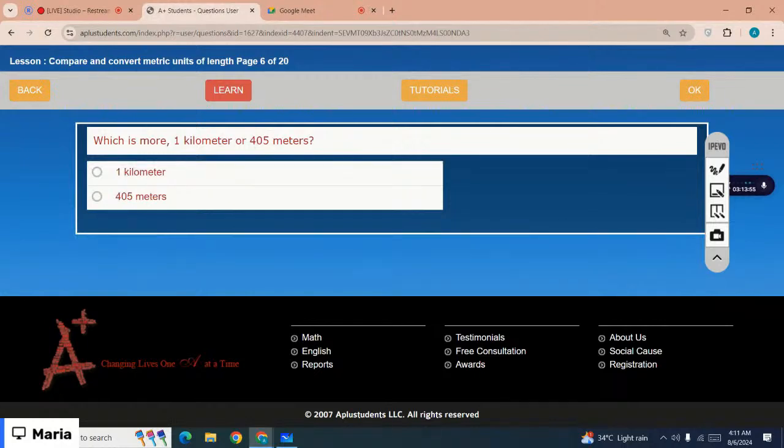Which is more, 1 kilometer or 405 meters? So which is the correct option?